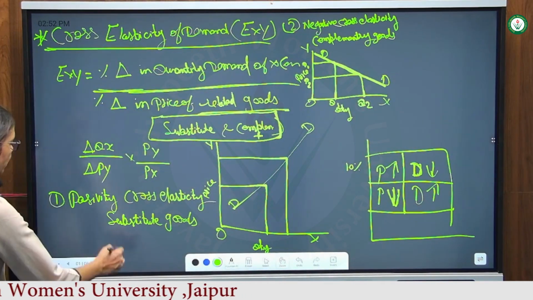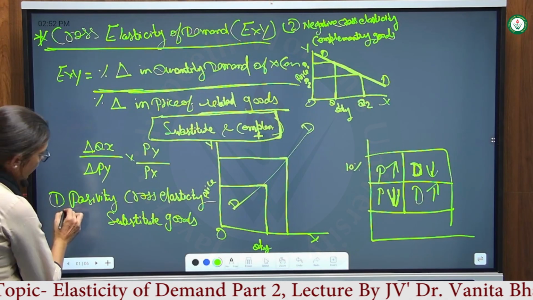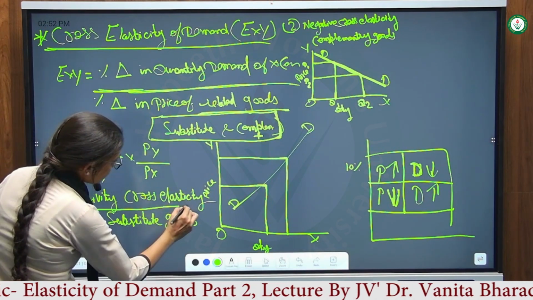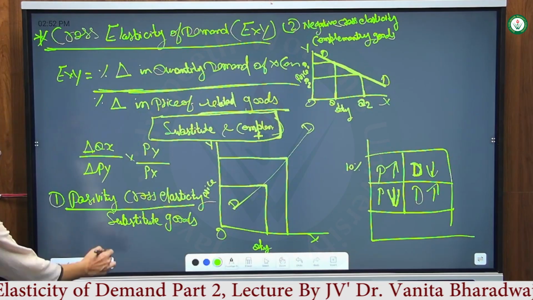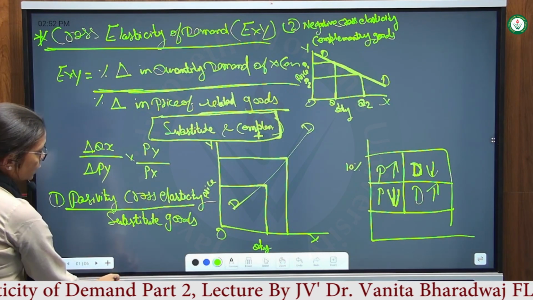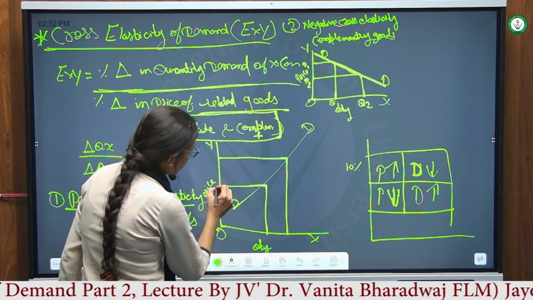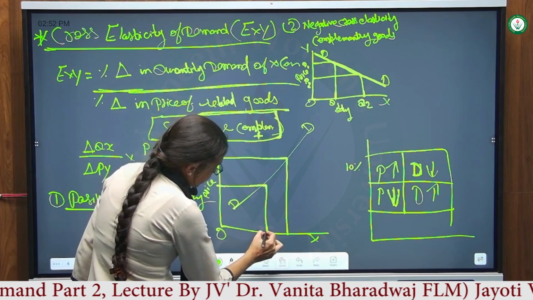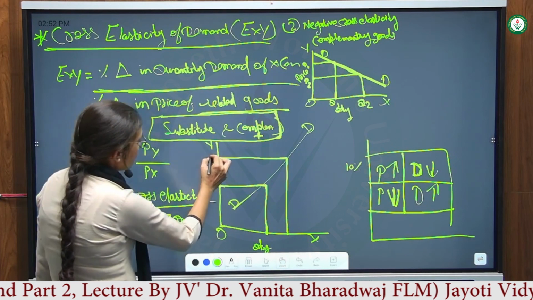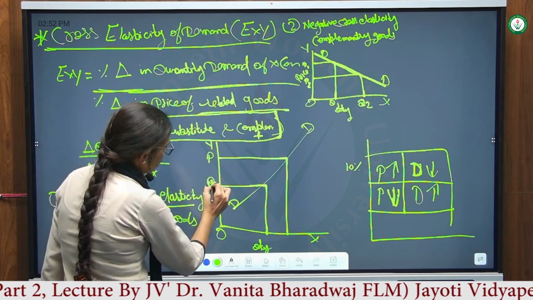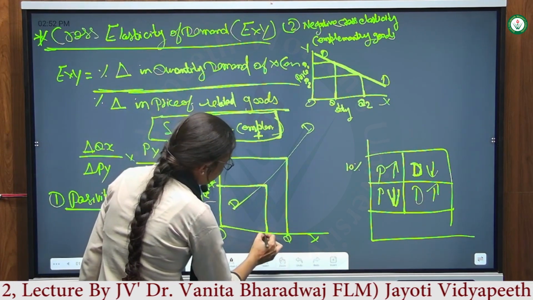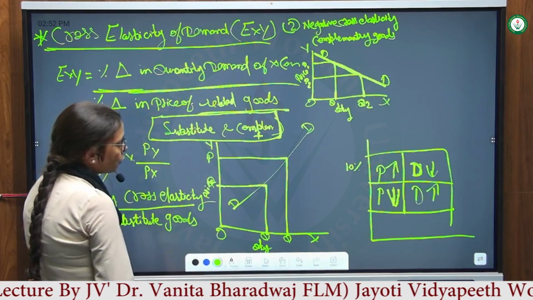Okay, positive relationship in cross elasticity. There is a positive cross elasticity in substitute goods. When the price of tea goes up, we start using coffee, because we switch from tea to coffee.